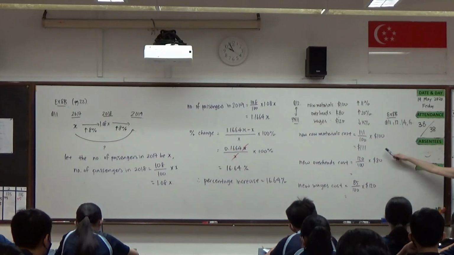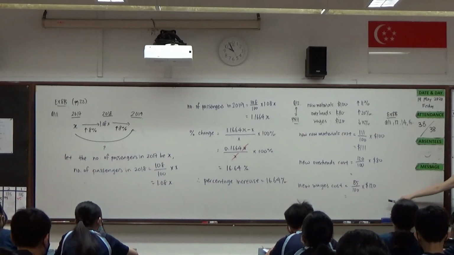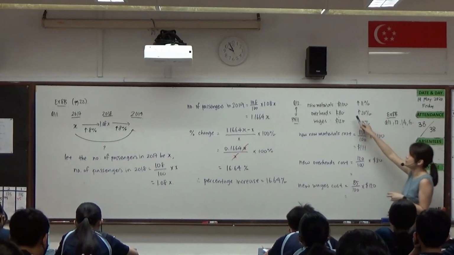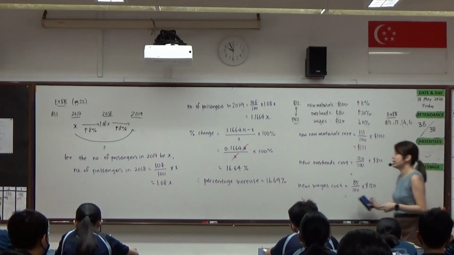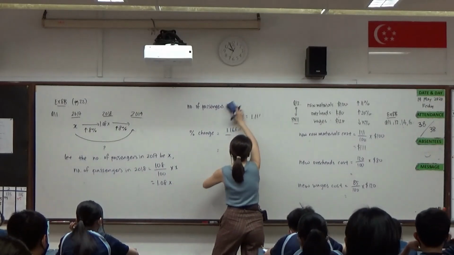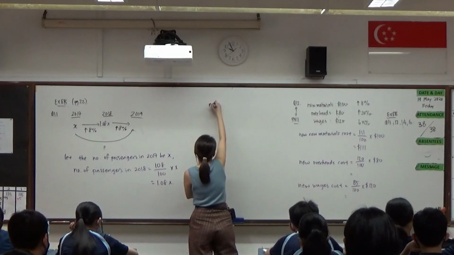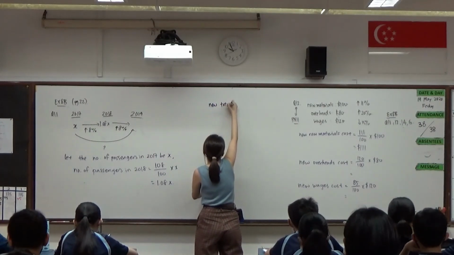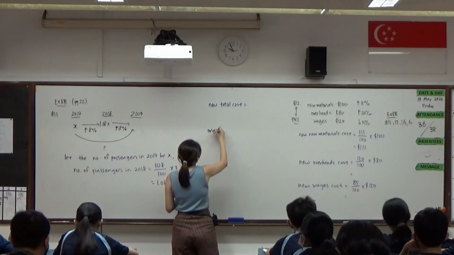So we find these respective new costs, we add them up, find the difference with the total cost over here, then after that find out what is the percentage change. So new total cost and then original total cost.